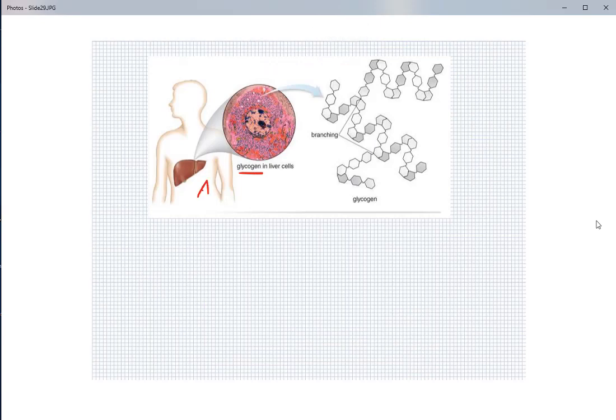Again, glycogen is referred to as animal starch, and the reason for that is very similar to amylopectin. It has these alpha-1,6 branches, and I'll just say here it's branched.